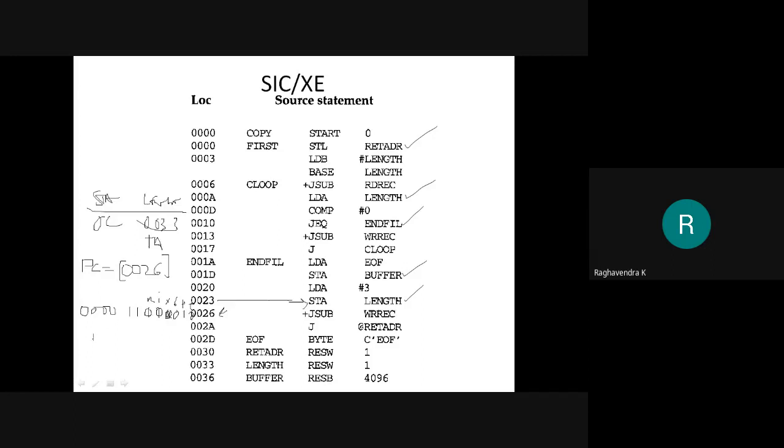Okay. Now I need to calculate the displacement, right? So how do we calculate? Target address is equal to content of PC plus displacement. But I know two values. I don't know displacement. So I will just shift this PC towards the left. So I'll get the formula target address minus PC is equal to displacement. So what's the target address? 0033 minus what is the content of PC? 0026.